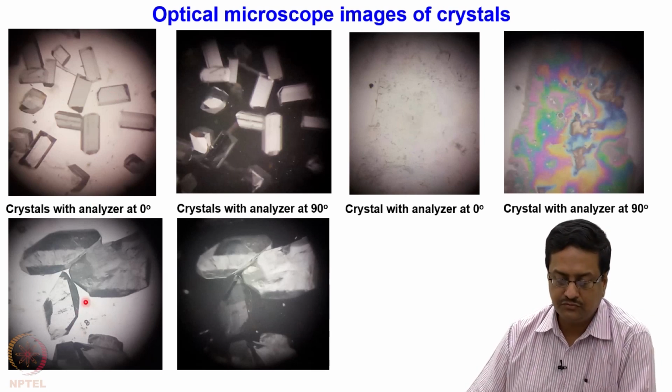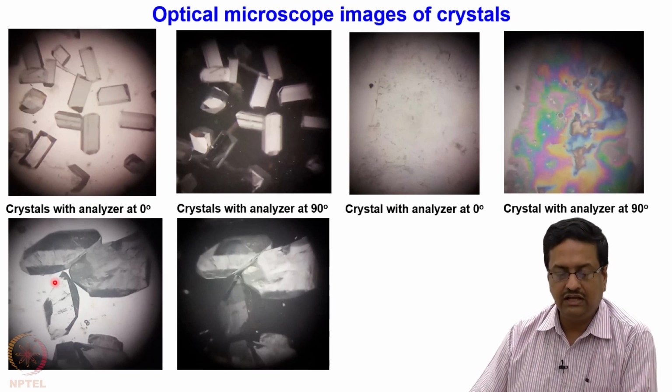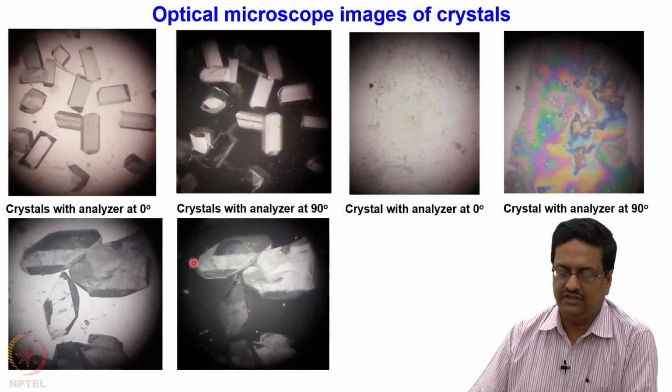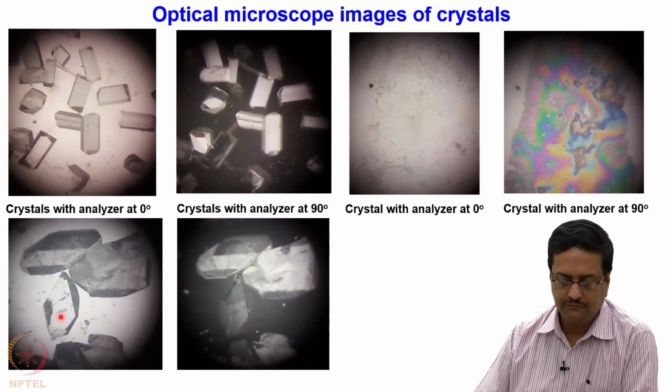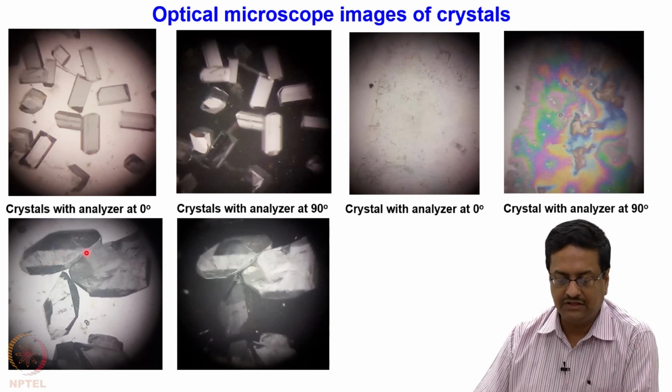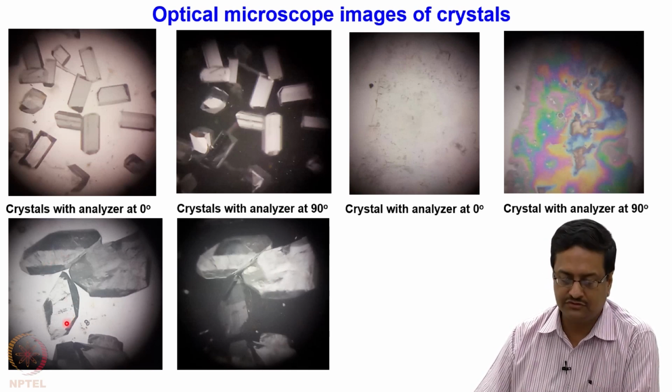In the figures at the bottom, we have a different set of crystals of irregular shapes. They are large blocks of crystals, but they do not have any particular shape, and some of them have some surfaces exposed.